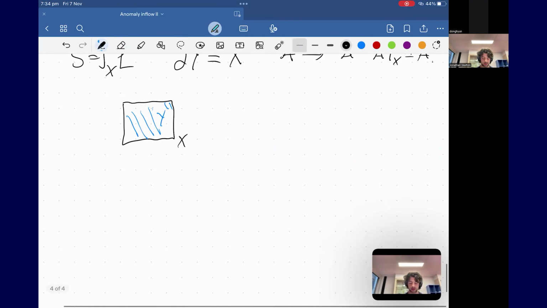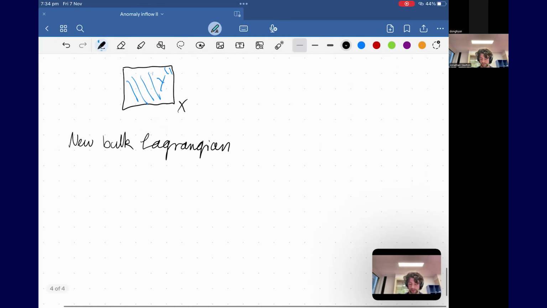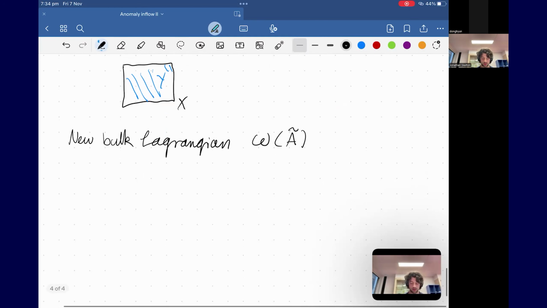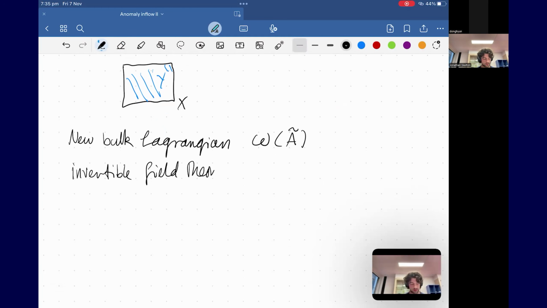And instead, we want to construct a new bulk Lagrangian omega defined on A. And in particular, we construct something which we call an invertible field theory.